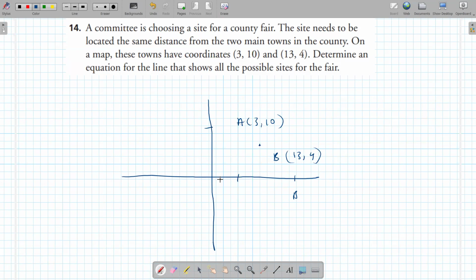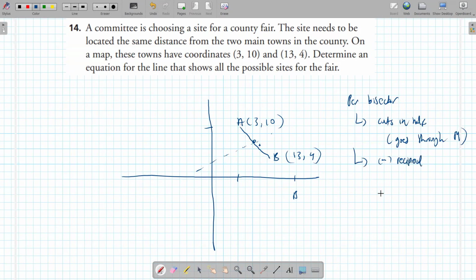So how do we find the perpendicular bisector? It's going to be a line that cuts this line in half. That's one of the properties. So perpendicular bisector, two properties: it cuts it in half, which means it goes through the midpoint, and the slope would be the negative reciprocal.